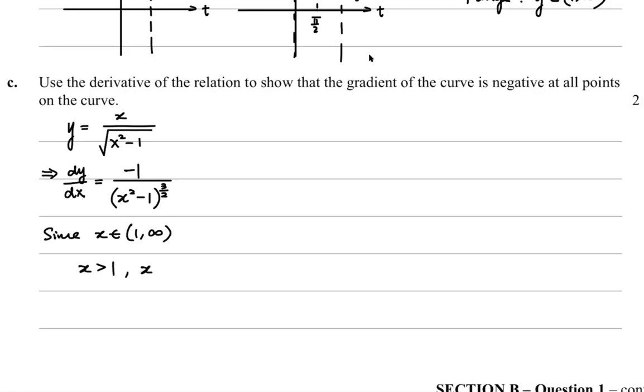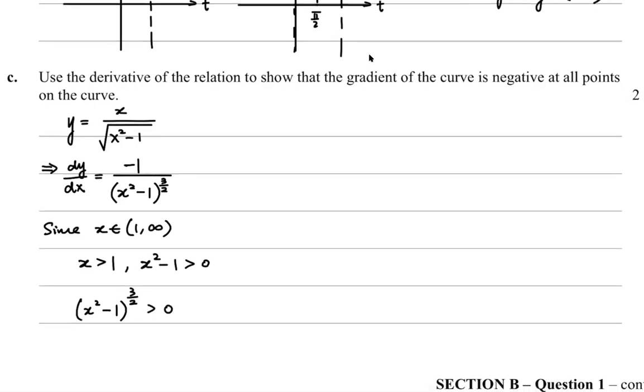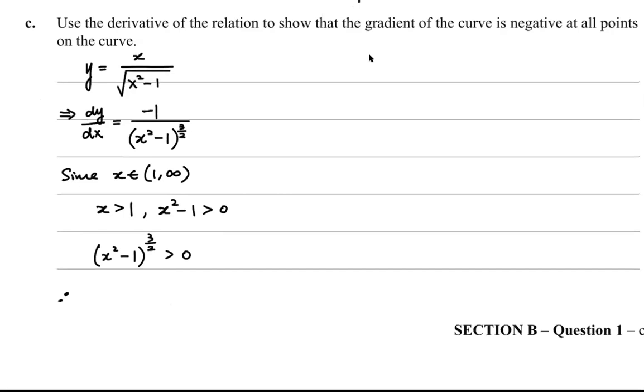So x squared minus 1 must always be greater than 0, and x squared minus 1 to the power of 3/2 is also greater than 0. Therefore, dy dx equals minus 1 over that. A negative number divided by a positive number must be negative for all x goes from 1 to infinity.